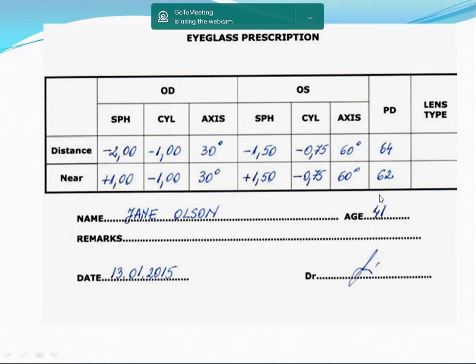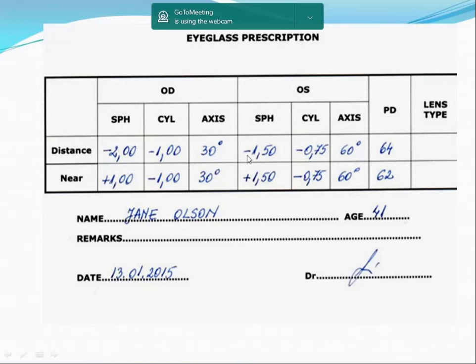This is a 60-year-old person, so they have added +3. This is a -2 sphere, so to that they have added +3 for correction for near vision. So in effect, the bifocal segment will have +1.